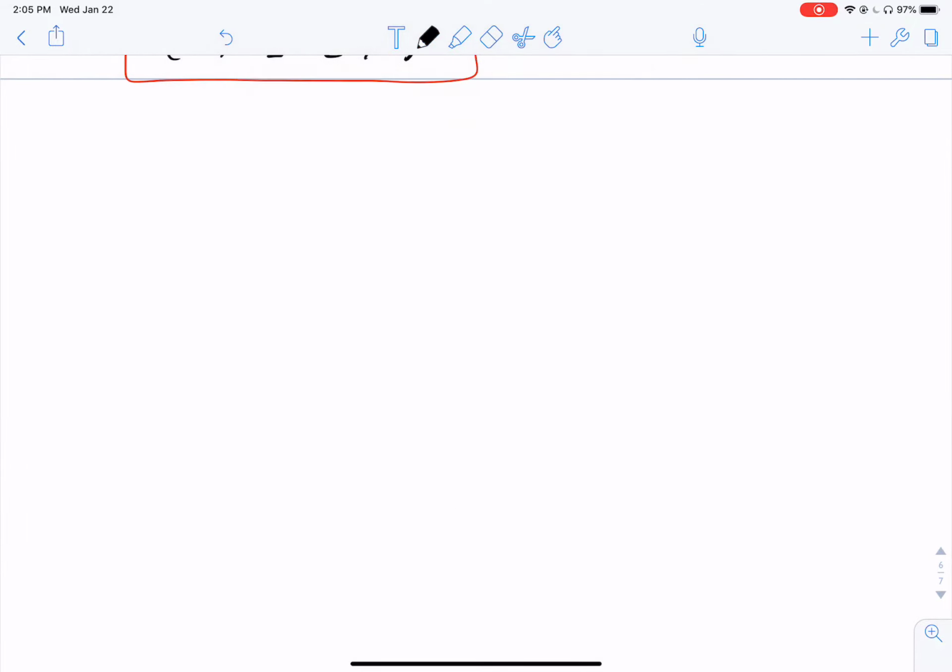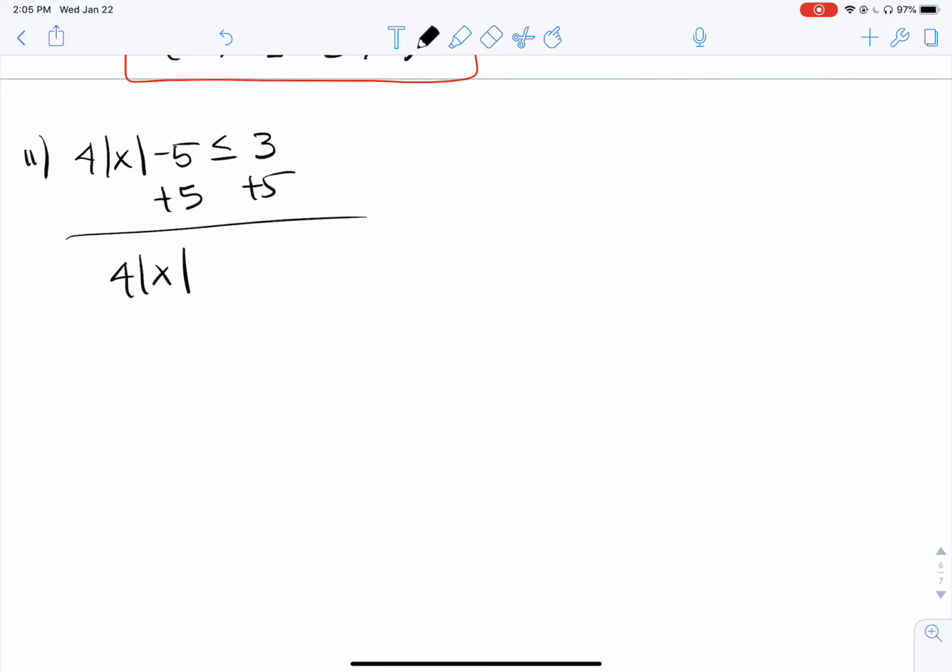So for number 11, we would add 5 to both sides. So notice it's all pretty much the exact same thing. Okay, so we end up with 8. We divide by 4. It's going to be less than 2.